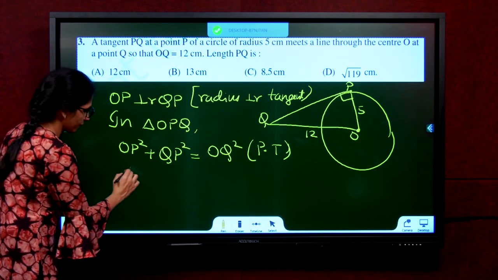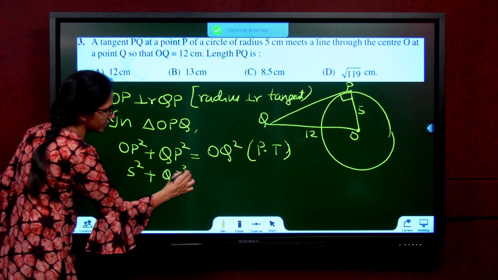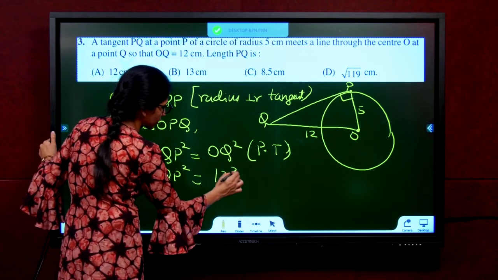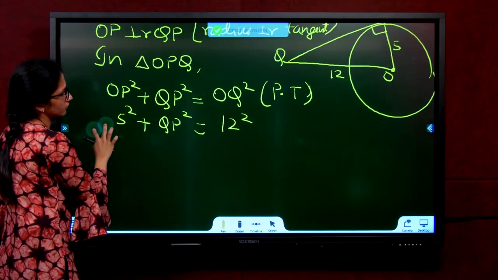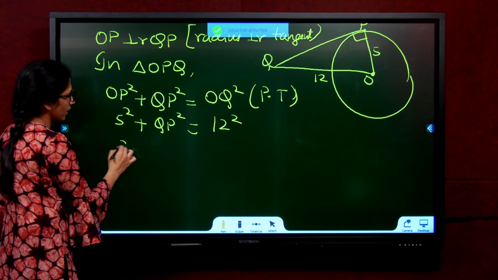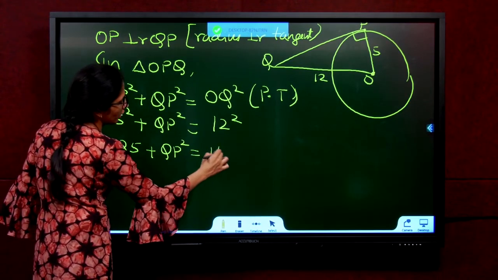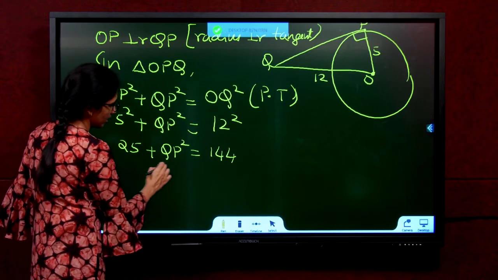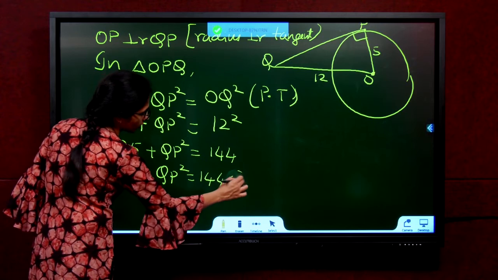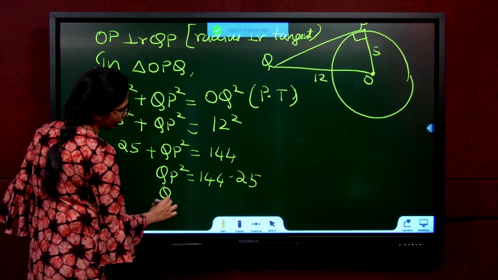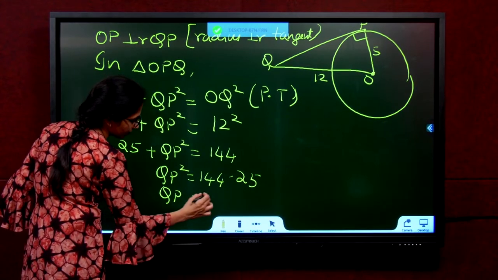OP square, 5 square, plus QP square, we don't know, we want that, equals OQ, 12 square. 25 plus QP square is equal to 144. QP square is equal to 144 minus 25. 144 minus 25 is 119.